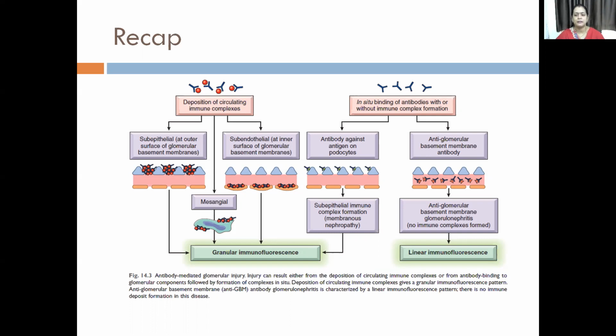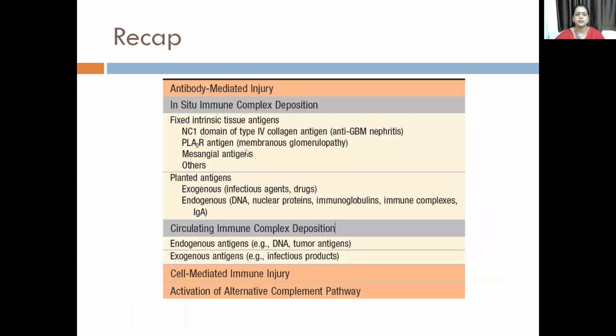In circulating immune complexes and podocyte injury, we have granular immunofluorescence. Okay, just remember that.